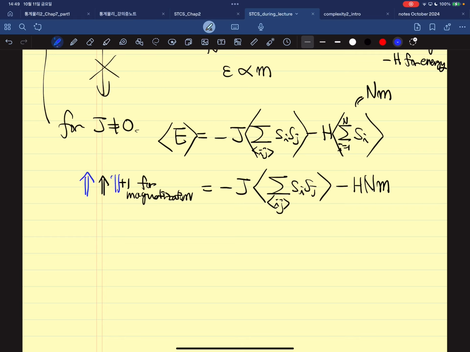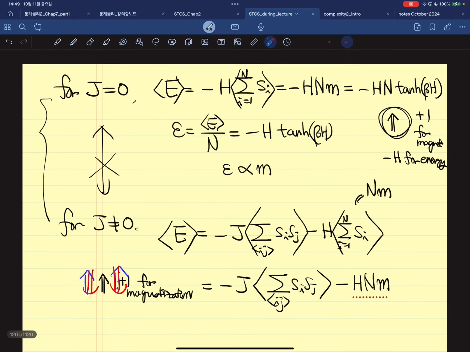So if this neighboring spin is in this direction, then this upward direction would decrease the energy. But suppose the other spins are going downward, then the existence of this upward spin actually increases the energy. So that is a very crucial difference between these two situations.